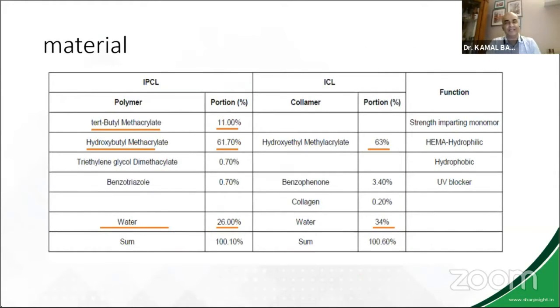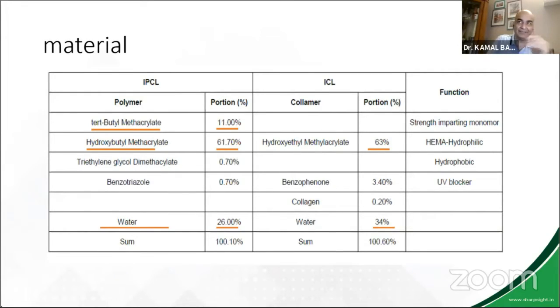So focusing on the materials, mainly the materials are the same. The only difference is that the water content of the ICL is slightly higher, and the ICL also has a collagen, which is porcine, at 0.2%. The IPCL has got something extra, tertiary butyl methacrylate, approximately, which imparts monomer strength.